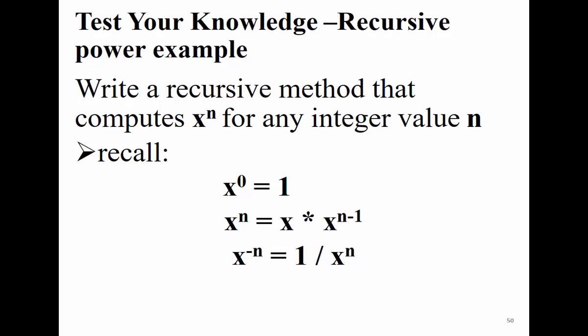But what about if n is negative? Now, we need to calculate x to the power minus n, which is equal to 1 over x to the power n. I would like you to see how the problem of x to the power minus n is defined in terms of x to the power n.